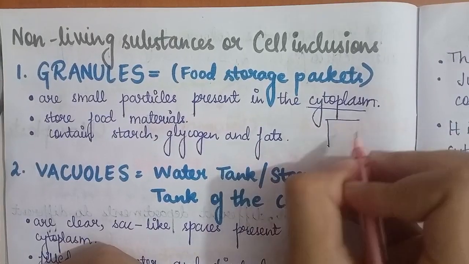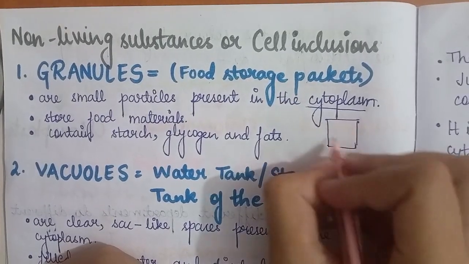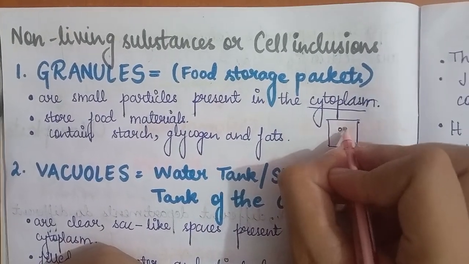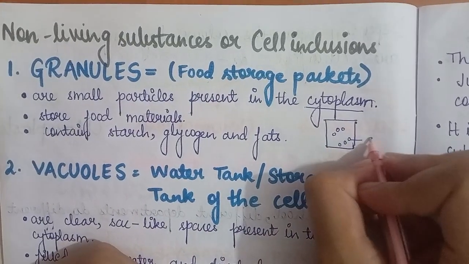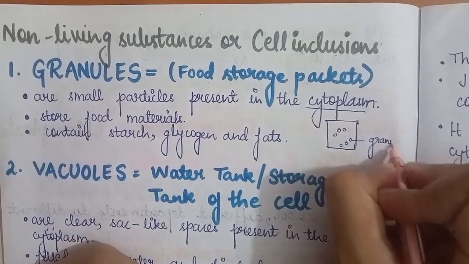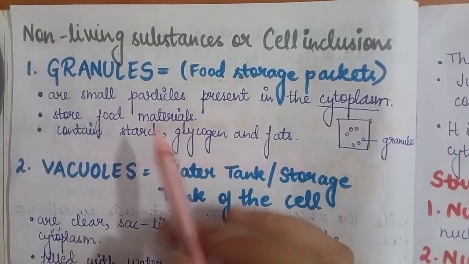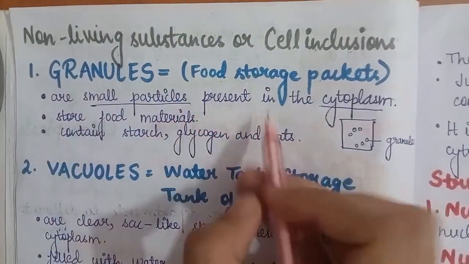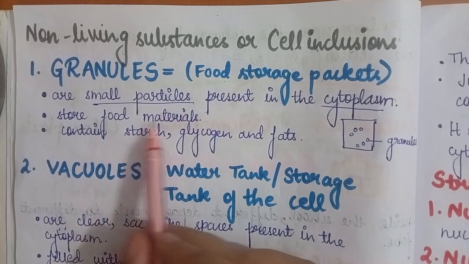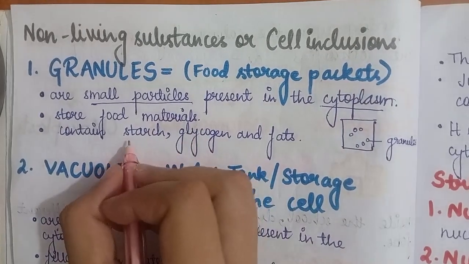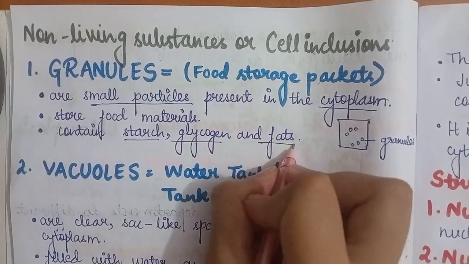Suppose this is a cell and this is the cytoplasm. So small granules are found. These are granules. They store food materials, and those food materials are starch, glycogen and fats.